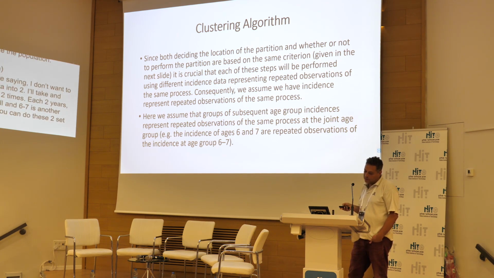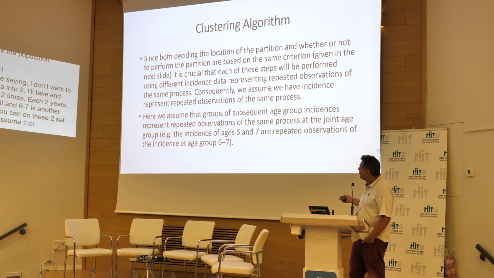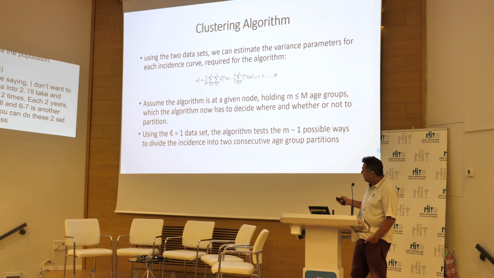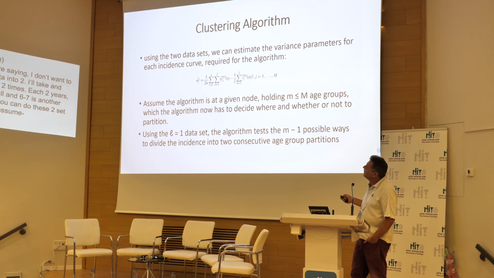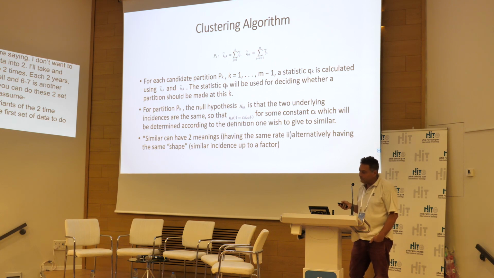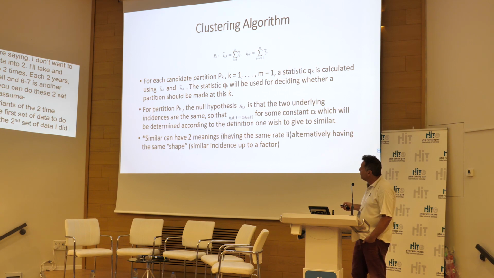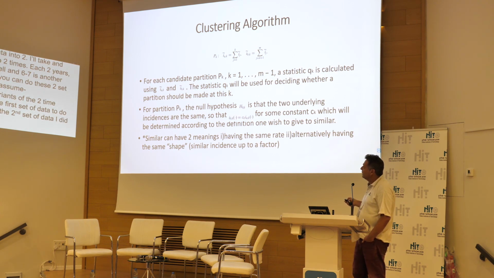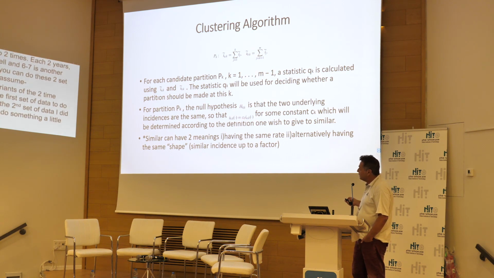And here we assume that the groups are similar, that's what I just told you, just the example. And I can estimate the variance of these two time series, which is very important. And I use the first set of data to do the first division. And then the second set of data, I use in order to make my criteria. I just want to point out that we can do something a little bit more fancy, and we can say that the data could be the same up to a constant.